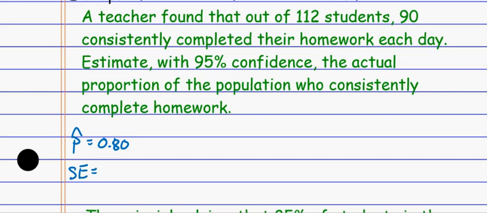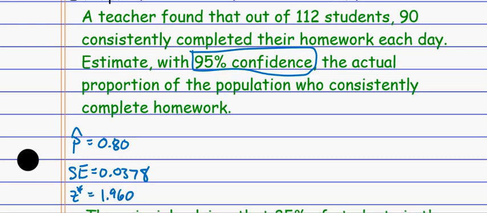When we calculated the standard error earlier, it was 0.0378. And we actually already have the z-score that we need. This said a confidence of 95%. Well, that's one of the examples we've done so far. If we look that up on our t-chart, the z-score that we find for that one is 1.960. Okay, so we have all the pieces in place.